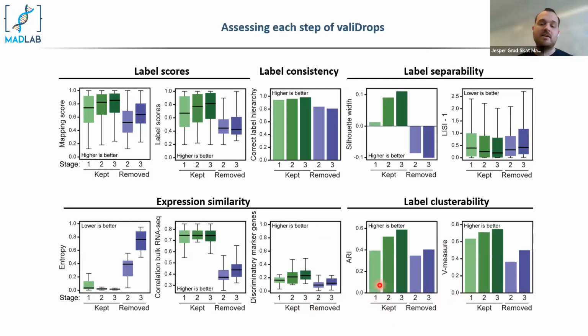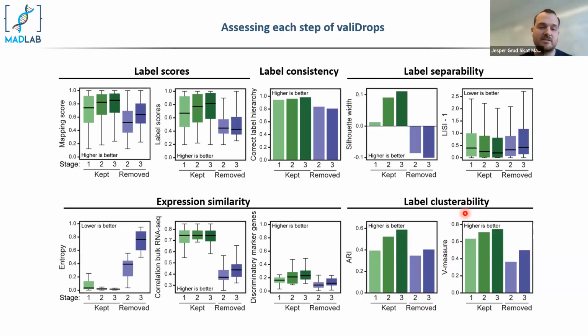And we can see that the filtering improves the ability to separate these cell types in this data set, whereas the barcodes that we removed are not very nice at separating cell types. So we're quite confident that valiDrops is doing a good job at removing barcodes that are not very informative.